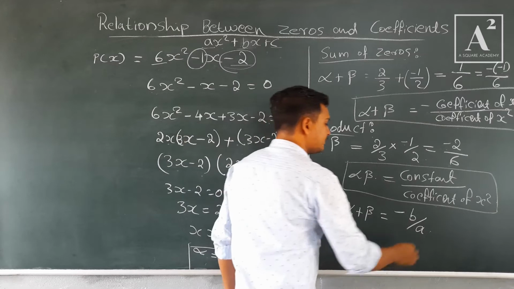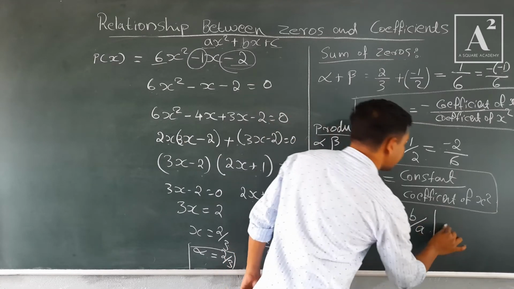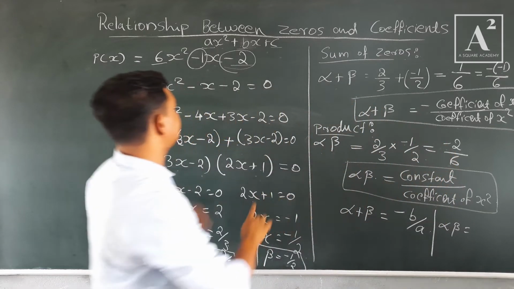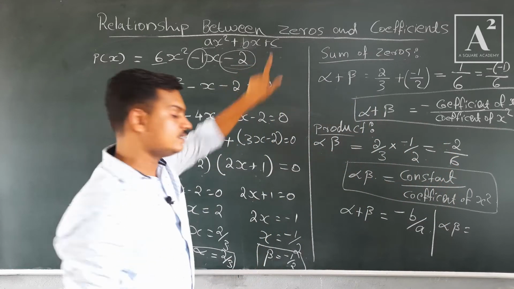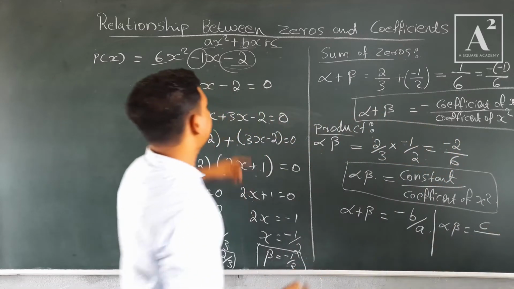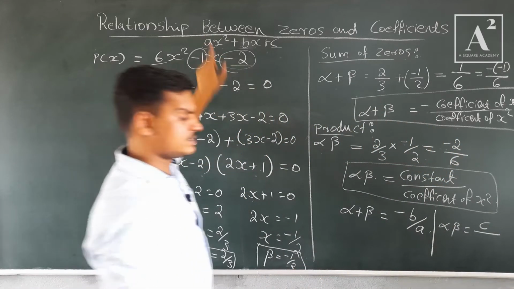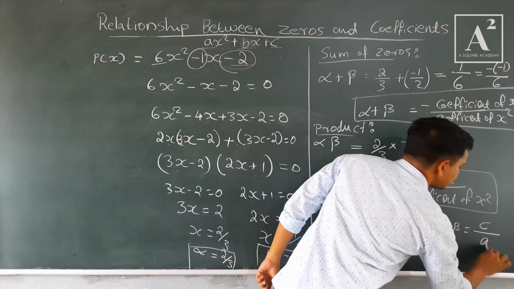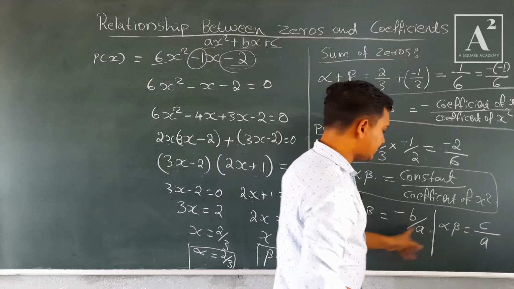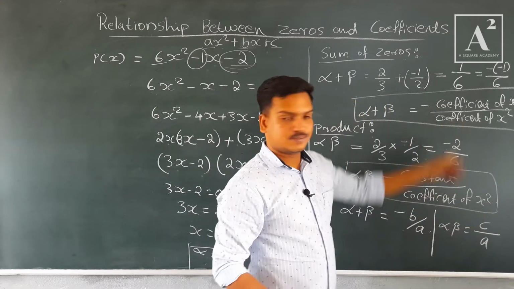In a similar manner, alpha beta is equal to the constant term, which we represent by c, over the same coefficient of x square, a.